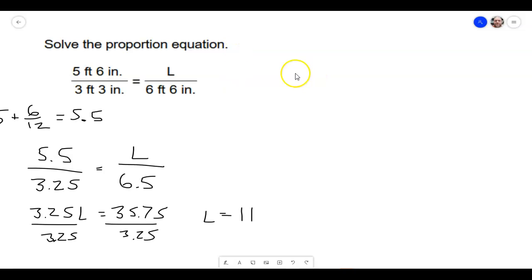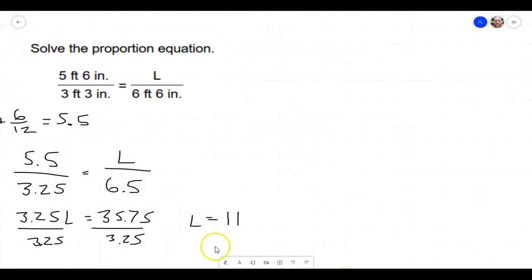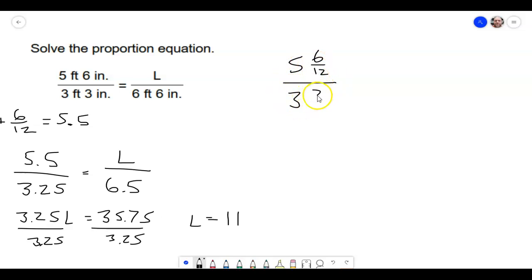Well, let's first rewrite this as 5, just like we did before. So that 5 feet 6 inches, that's 5 and 6 over 12. Remember, we're converting everything to feet, so 3 and 3 over 12 is equal to L and 6 and 6 over 12.